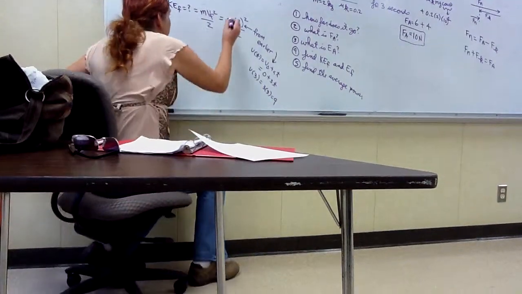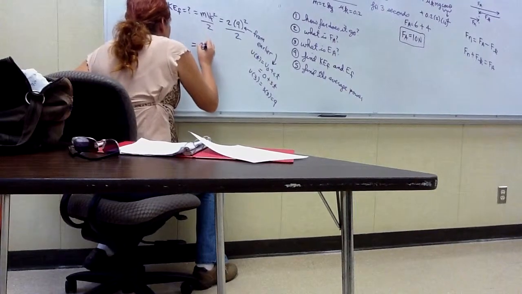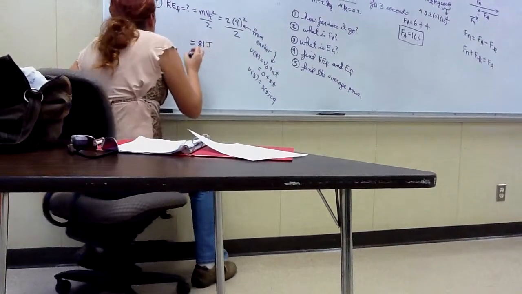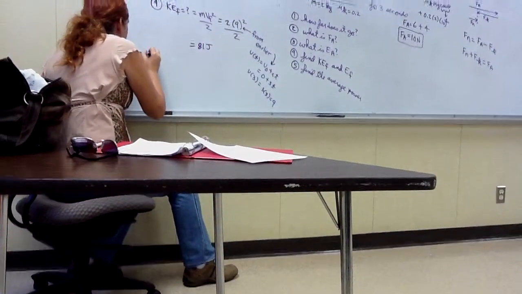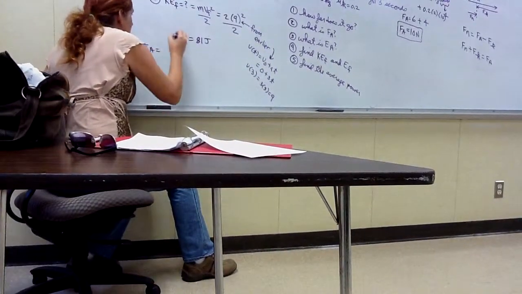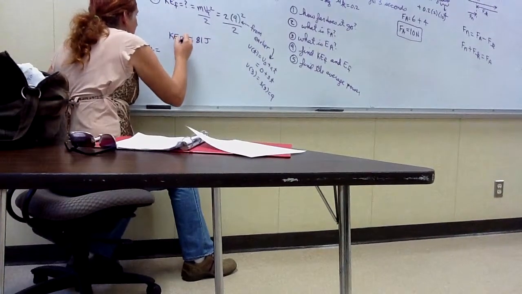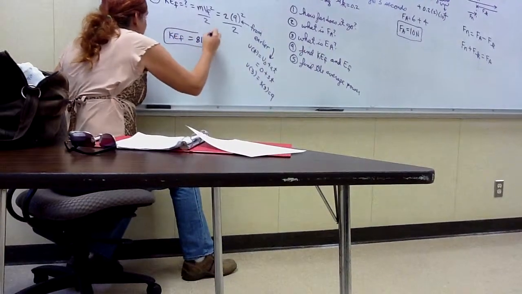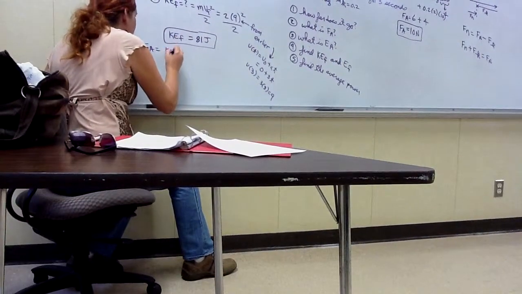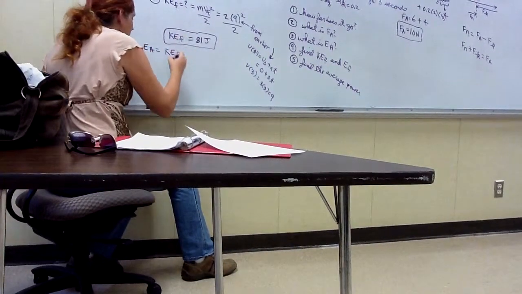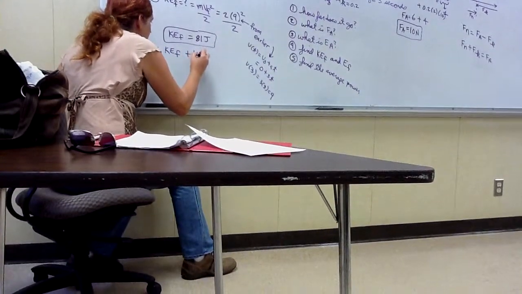Okay, so here the 2's cancel and we're left with 81 joules. So we'll do this kinetic energy final and box in the answer. We know the applied energy goes to accelerate the object, that is, to give it kinetic energy, and it goes to overcome friction.